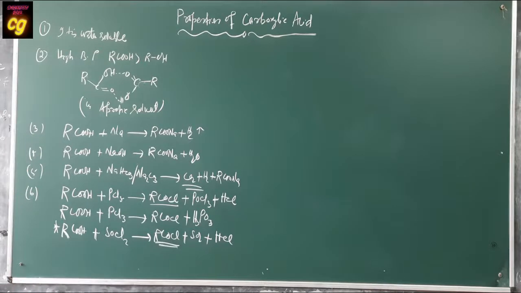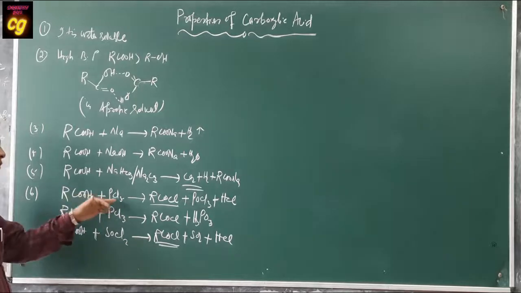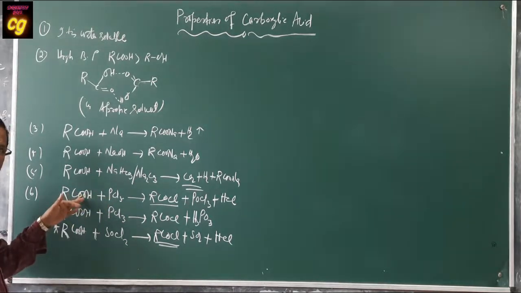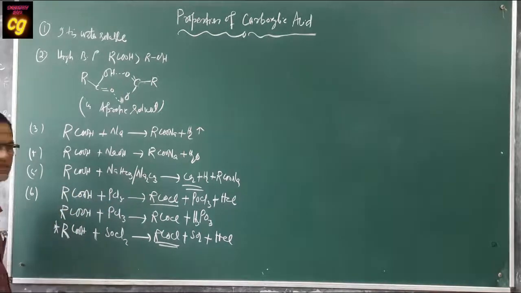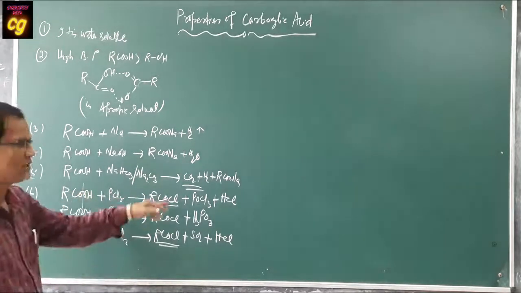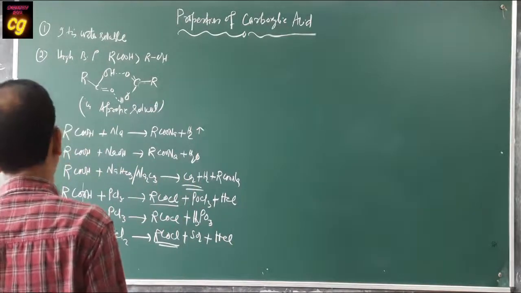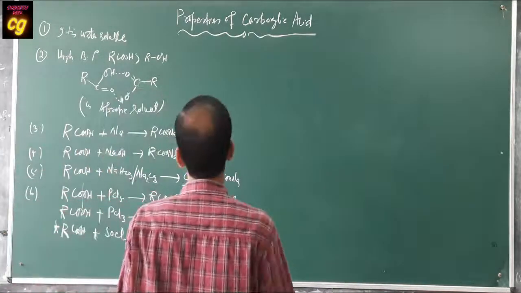So this is one important reaction, a halogen substitution. In place of which group is the halogen substituted? The acid group. So this reaction is called halogenation also.